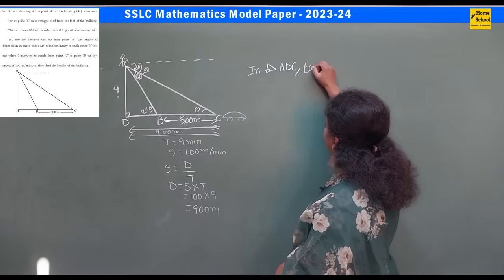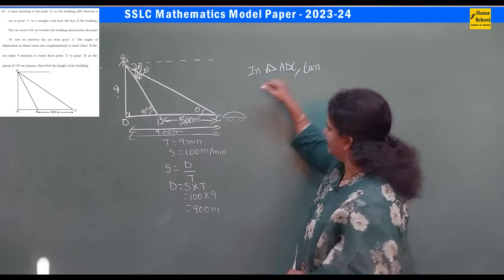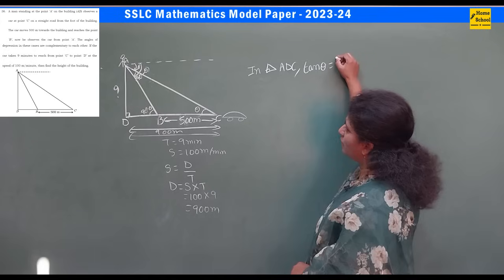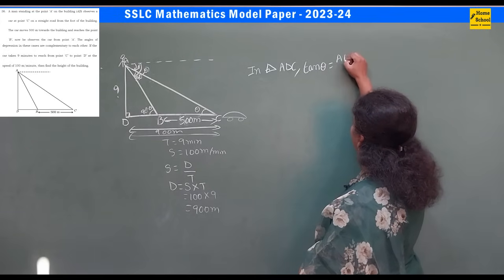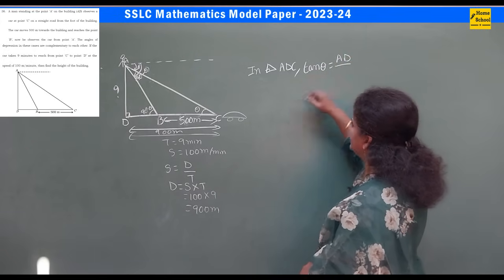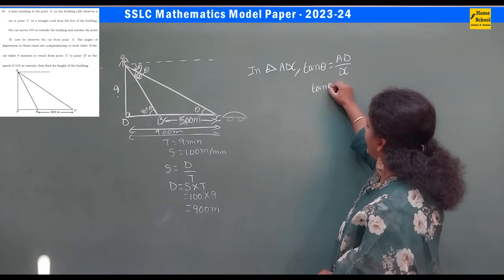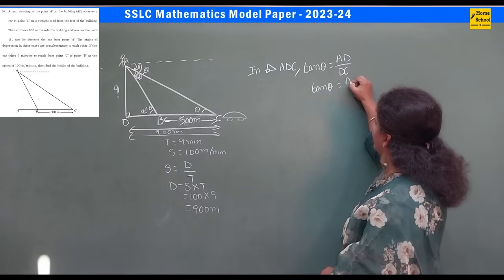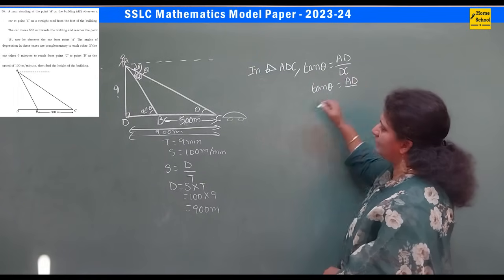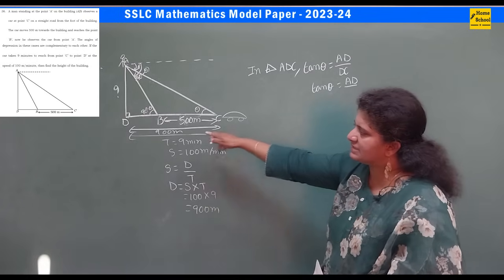Tan. Let me take tan, angle is theta, is equal to opposite AD by adjacent DC. Now substitute here, tan theta is equal to, we don't know AD, AD by DC value. Now we got what is the DC distance?